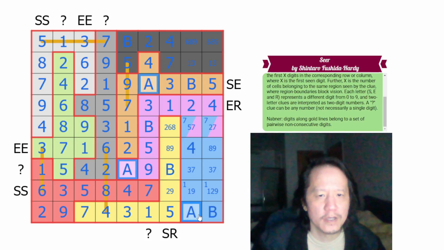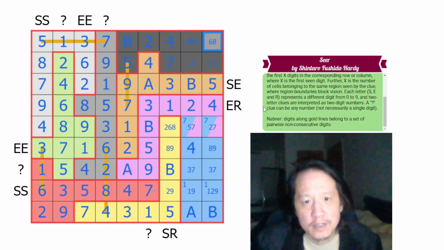And A cannot be here because it's the same set. Where can it be? It has to be here, right? Because it's one of these two, and it can't be this one. So this has to be A, which means this cannot be 9.